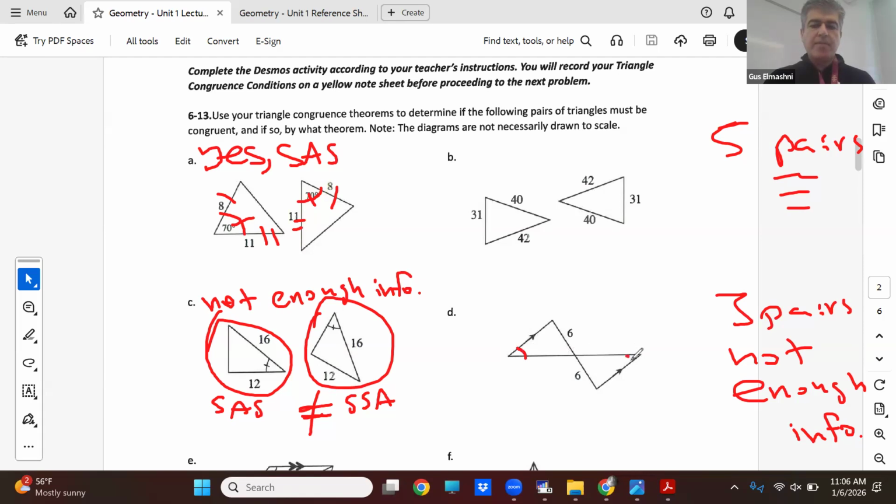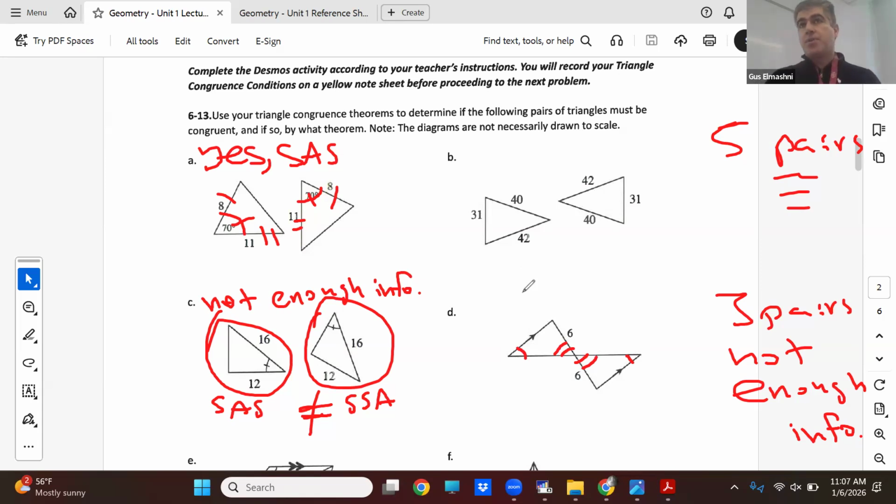Okay, these are the same, right? That's because of alternate angles. Those are the same, vertical angles. Divide by 6. ASA, but it's a different line. Oh, so here's the thing.